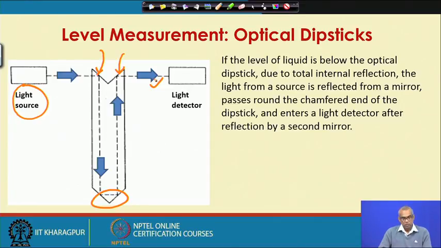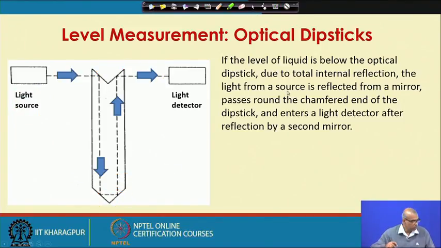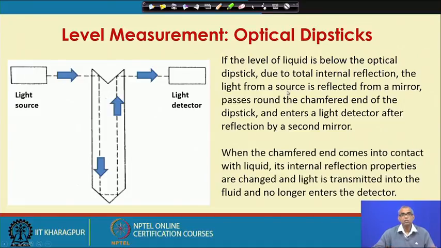Now, if the liquid level is say here, then the light will not now reach the detector. When the chamfered end comes into contact with liquid, its internal reflection properties are changed and light is transmitted into the fluid and no longer enters the detector.